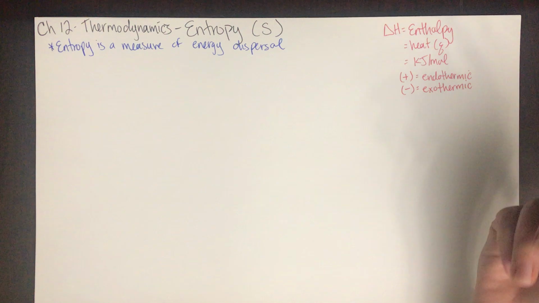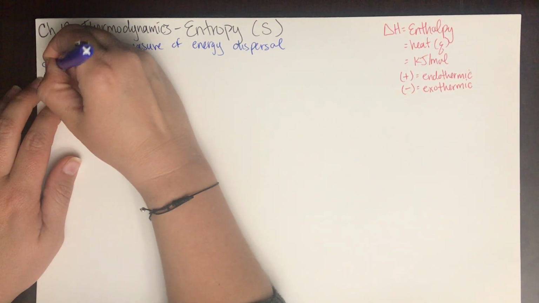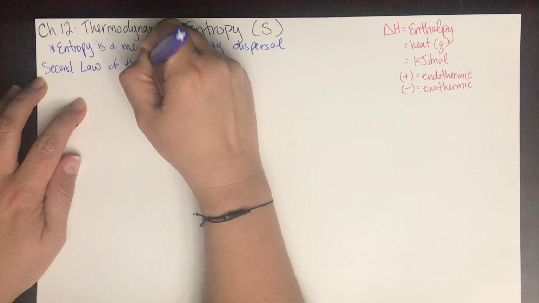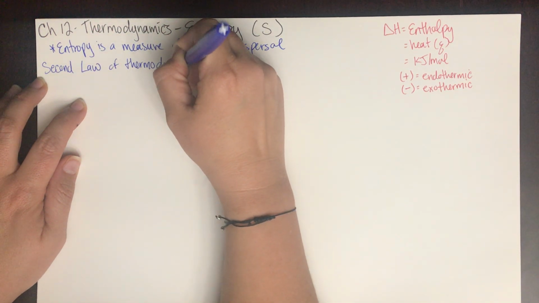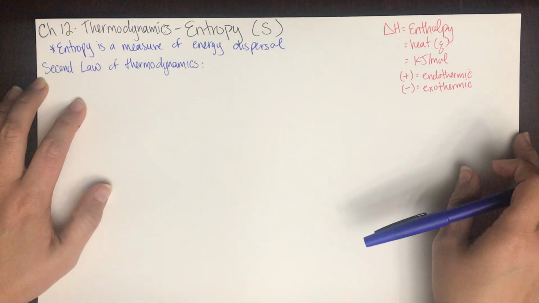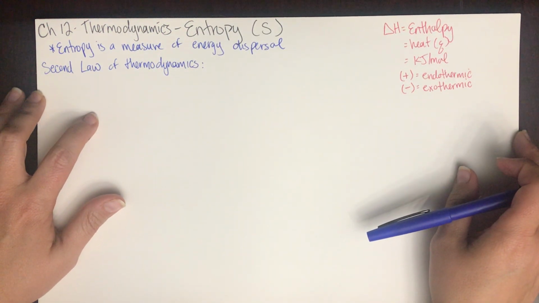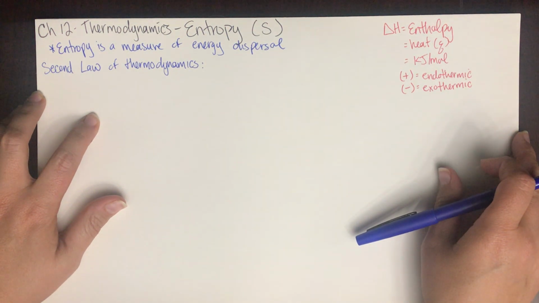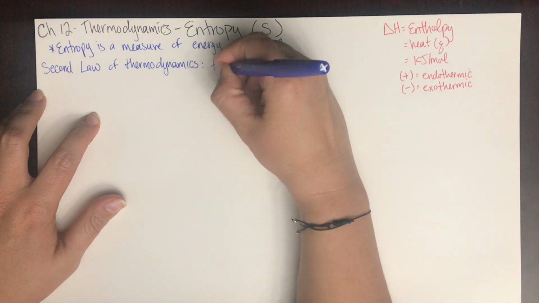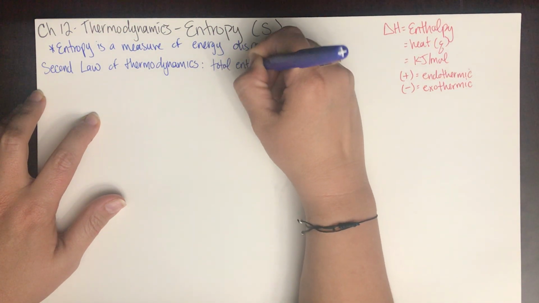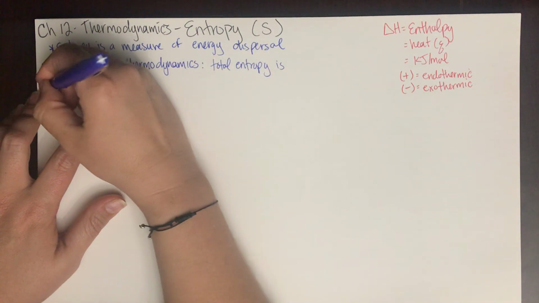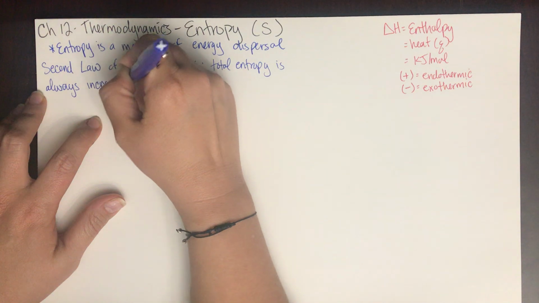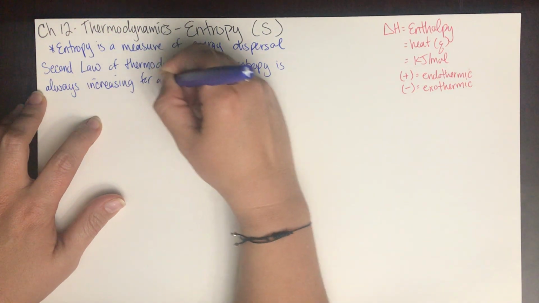So the second law of thermodynamics says that the total entropy of a system and its surroundings is always increasing for a spontaneous process.